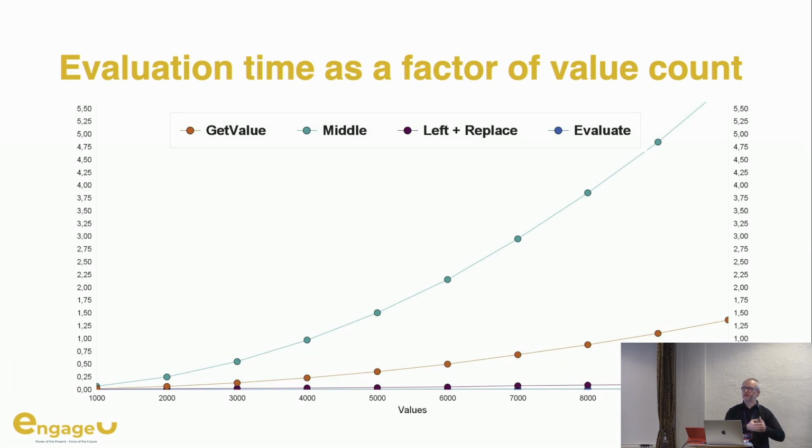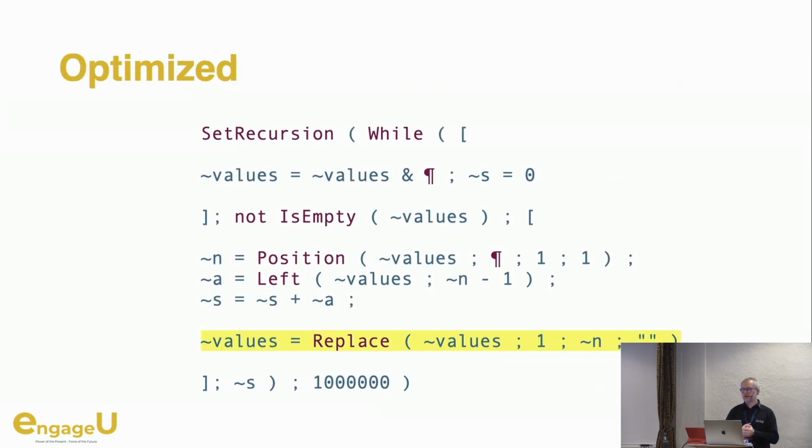So that's why I started the challenge, and I was wondering who comes up with the best result. This is what I found out, and that was my way to optimize it. I discovered that when I use replace to just delete the first value from the list, and the next iteration just takes the first value from the list again, now it became much faster, almost linear.